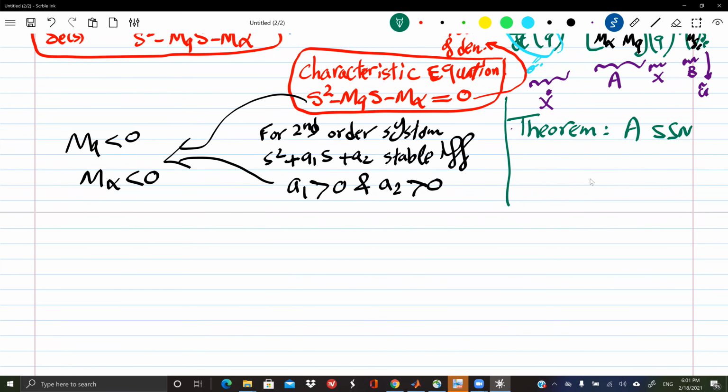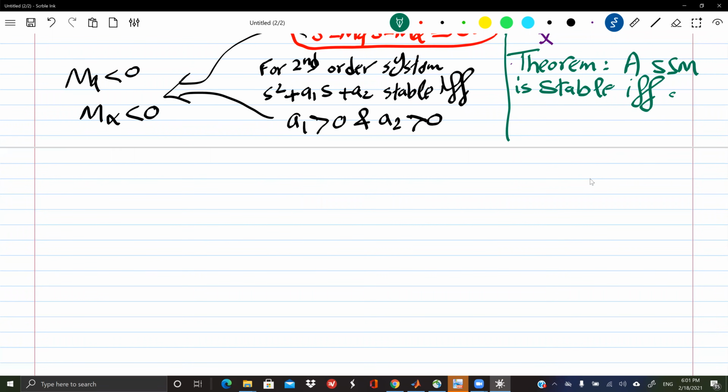State space model is stable, again, we have the luxury of if and only if conditions because it's a linear system, if and only if all, it can't be poles anymore, because we don't have a transfer function here, all eigenvalues of the matrix A. You have to give it to me in terms of A and B. Eigenvalues of A, the same criteria, lie in the left half plane.